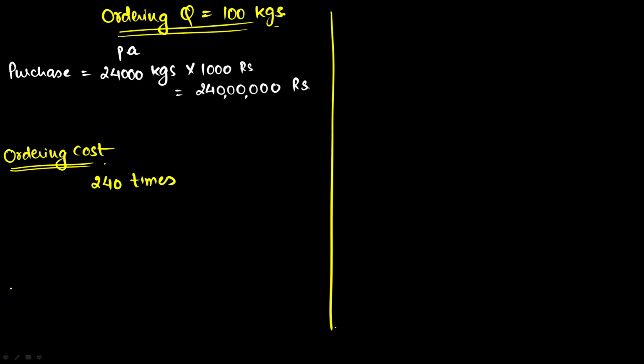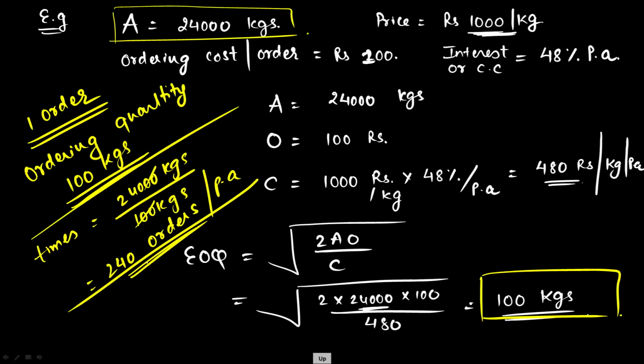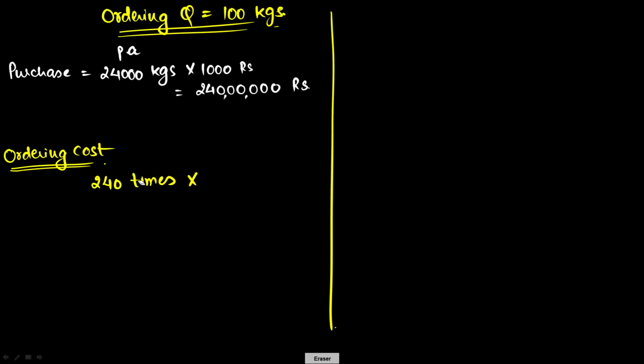Every year you will be ordering how many times? 240 times. Per order, what is your ordering cost? 100 rupees is the ordering cost per order. So this is 240 orders multiplied by 100 rupees per order.